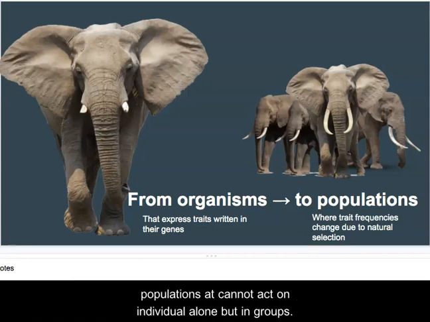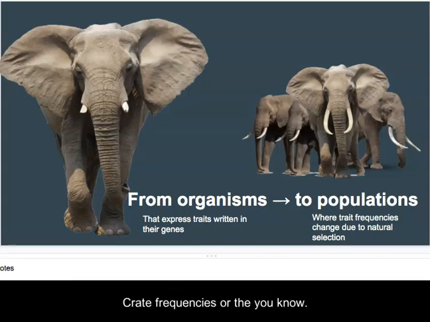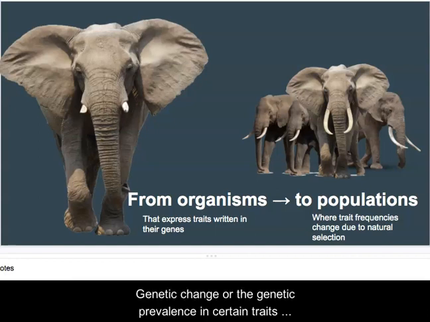It cannot act on an individual alone. But in groups, trait frequencies, or the genetic prevalence of certain traits, change due to that natural selection process. So that's where the change is coming over time.